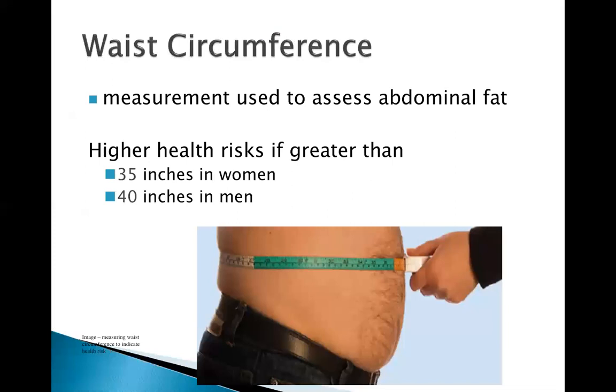If a man has a waist that is bigger than 40 inches around, or a woman has a waist that is bigger than 35 inches around, it indicates that they're at significant metabolic risks due to the accumulation of central fat.